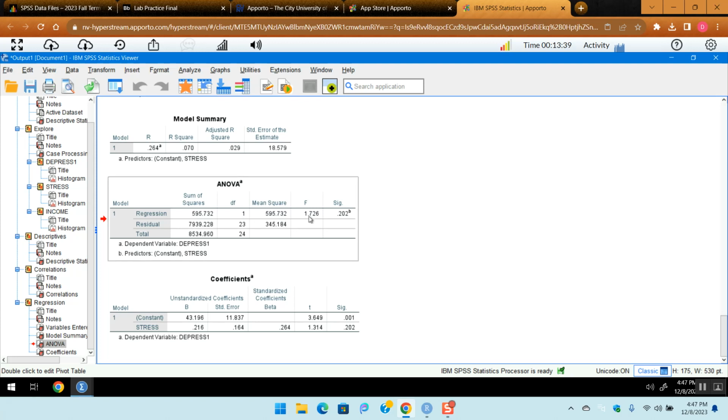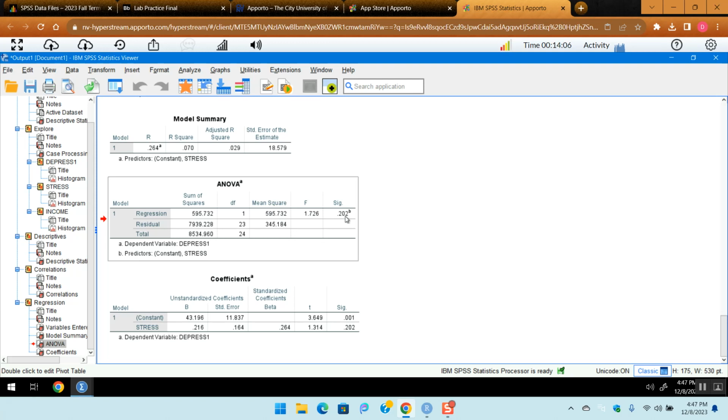As we can see here, the F value is 1.726. The significance value is 0.202. That is not less than 0.05. So what this is telling me is that this model does not show that the correlation or the regression is better than zero. Another way of saying it is that the regression line slope is not different than zero, which means a horizontal line.